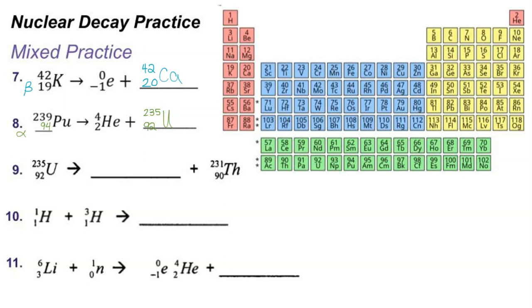As you can see, this takes a lot less time when you already have most of the equation written. We are just filling in the blank here. On number 9, we have uranium-235 undergoing some sort of decay, so this time it gives us the isotope product of the decay, and we just need to figure out what type of particle is emitted along with that.